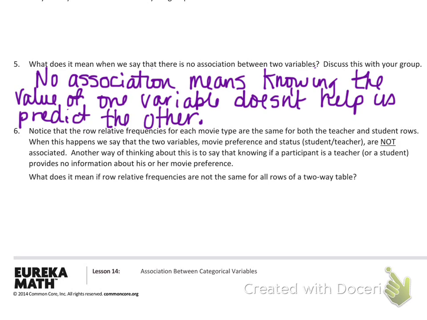What does it mean if row relative frequencies are not the same for all rows of a two-way table?